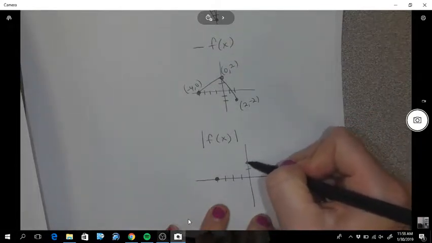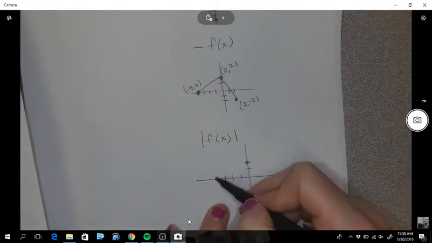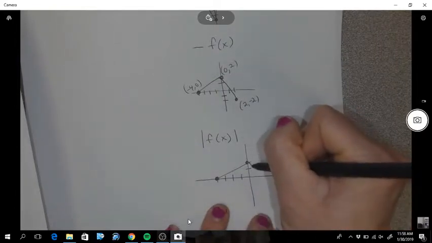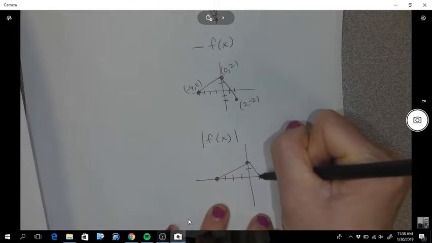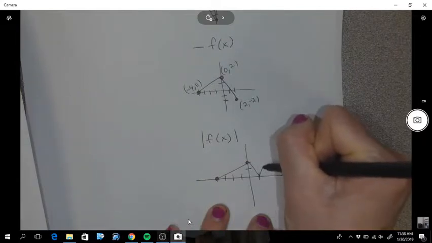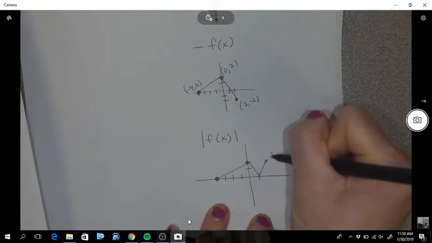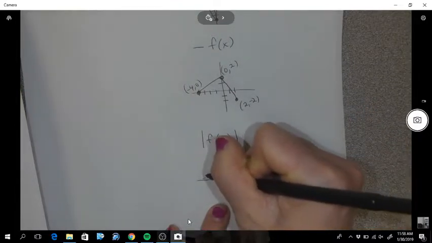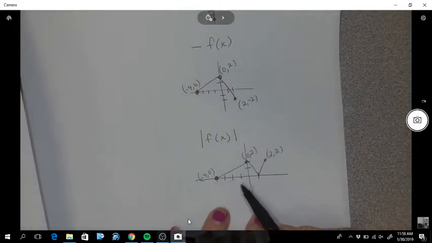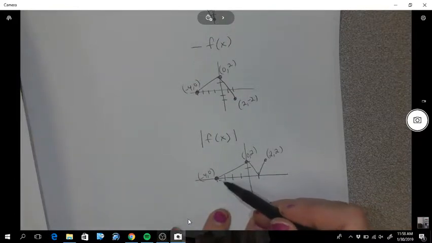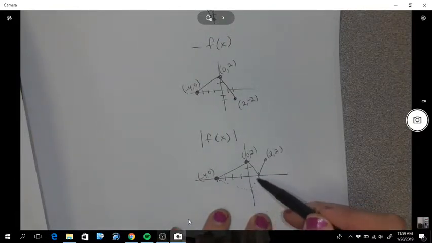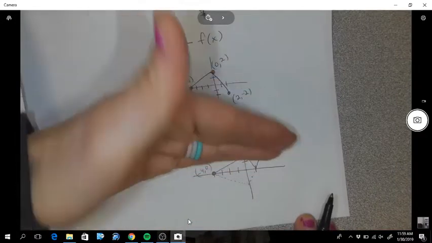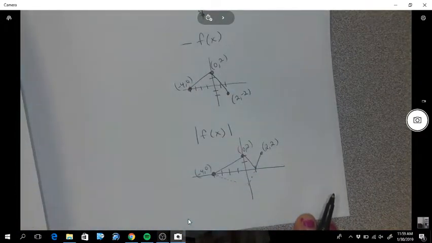The point (0, -2) will now become (0, 2). And then we went down to the axis there, and this would stay positive. I'll draw on the old graph. That dotted part, you can see how I reflected that part.